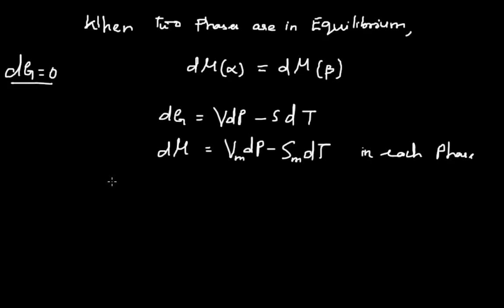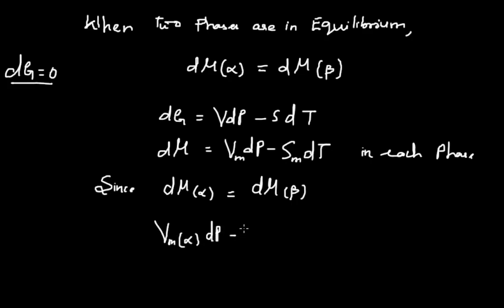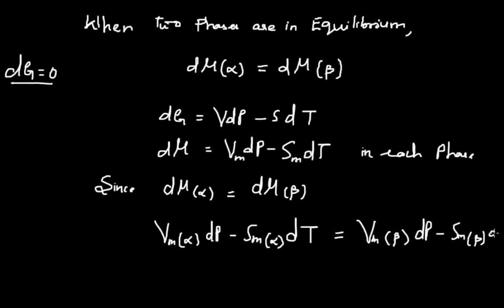Now since at equilibrium d mu alpha is equal to d mu beta, chemical potential in phase alpha and phase beta are same, so what I can write is Vm alpha dP minus Sm of alpha dT should be equal to Vm beta dP minus Sm of beta dT.